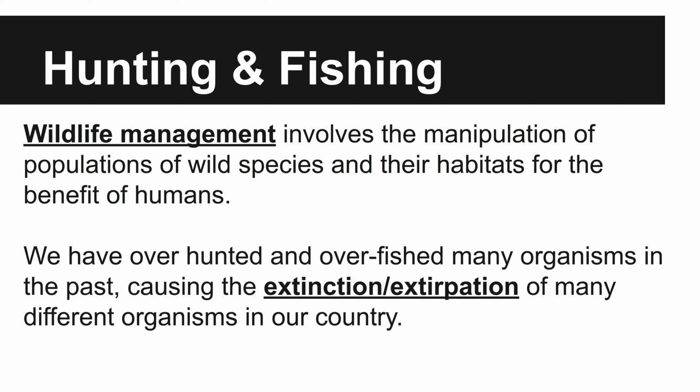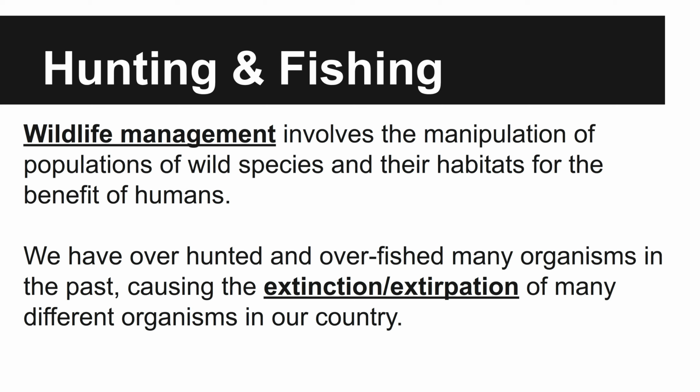If you've seen different movies, like the penguin one, Happy Feet, this was causing these extinctions. Extinction is the loss of a species on Earth. Extirpation just means that species is no longer where it used to be.